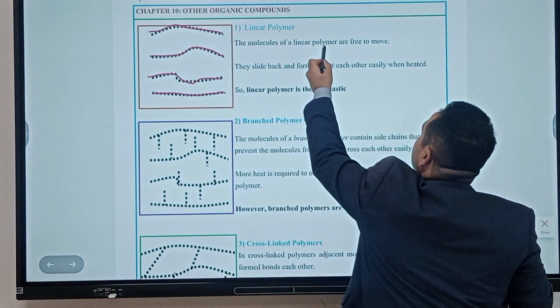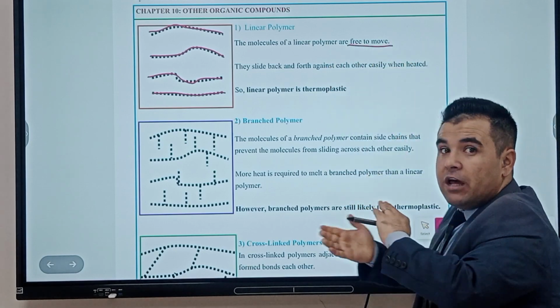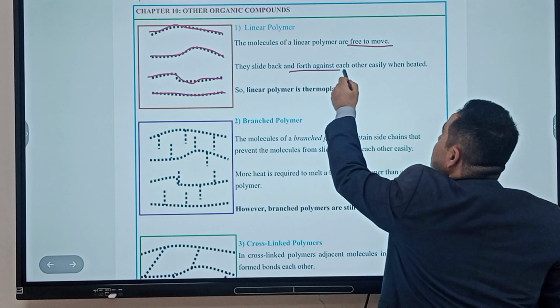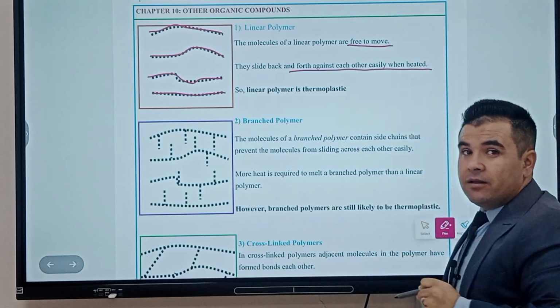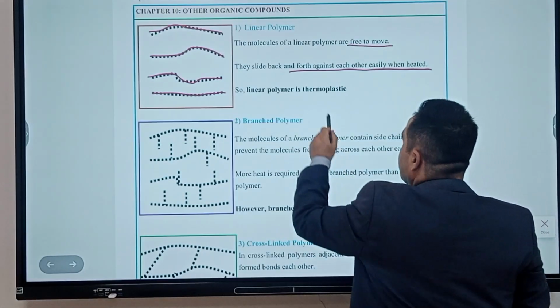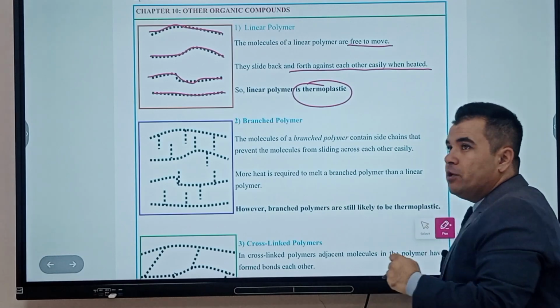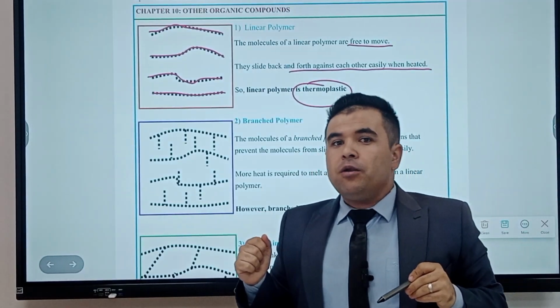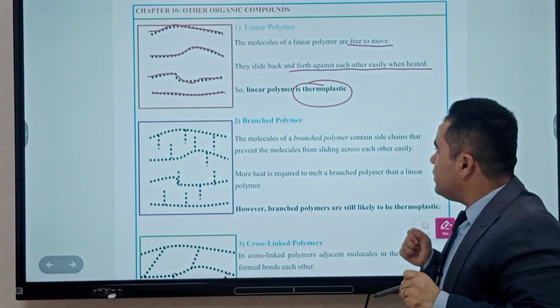The molecules of linear polymer are free to move on each other. They slide back and forth against each other easily when heated. So they are thermoplastic polymers that can be melted easily.